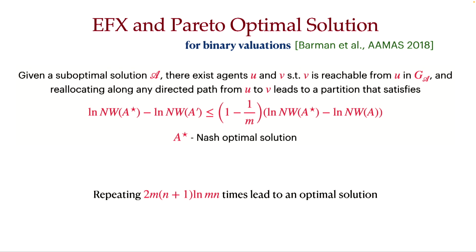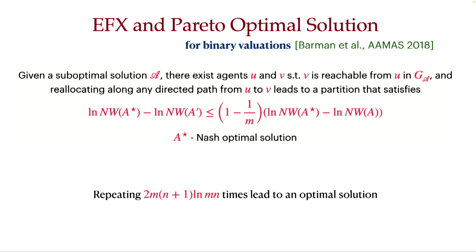Any questions here? Just read this box. What was that N? The number of items. All it is telling you is that you find a path that maximizes your Nash welfare and you reallocate on that. So, what is this lemma telling you?